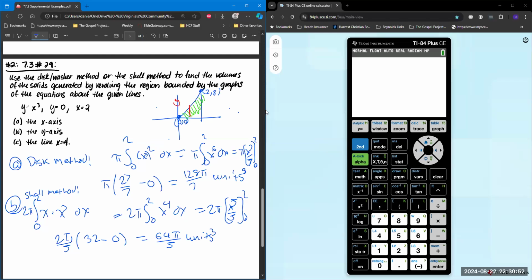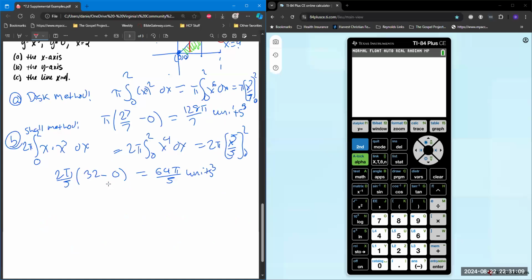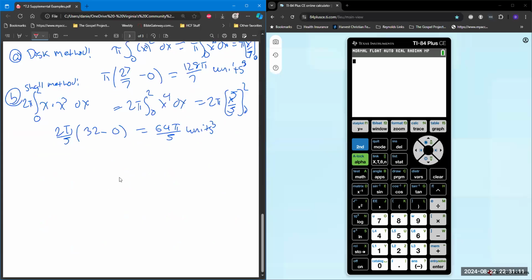And about the line x equals 4, so that's going to be over here. x equals 4. And we want to use the shell method again for this.